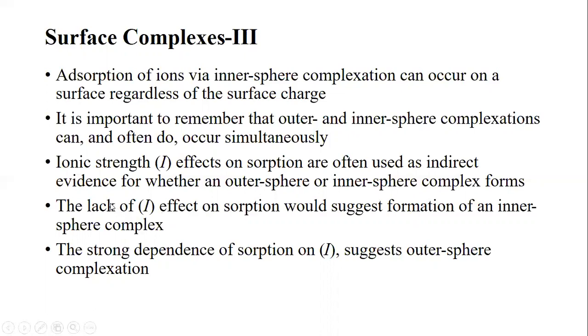How? The lack of ionic strength effect on sorption would suggest formation of an inner sphere complex. So when we change the ionic strength, when we change the concentration of ions around the complex where the sorption is happening, and it does not change it, the lack of effect of ionic strength on the sorption process, then that indicates an inner sphere complexation.